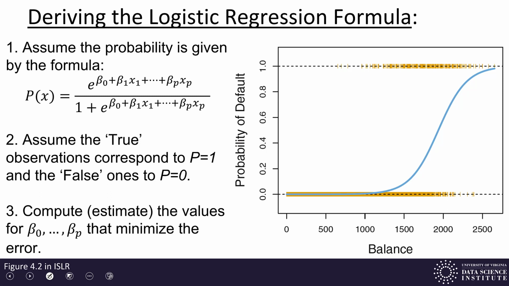The error is measured by the distance between each data point and its associated place on the graph. So we estimate mean squared error, which is the square of each of those errors, the distances between those and the graph. You can see in this plot here, we have a lot of low error here, and then the plot comes up and minimizes the error when the balance is high.